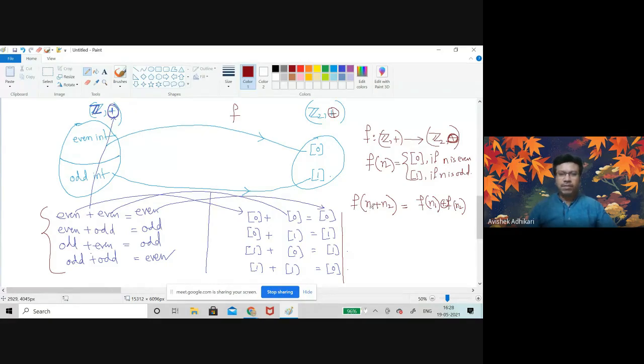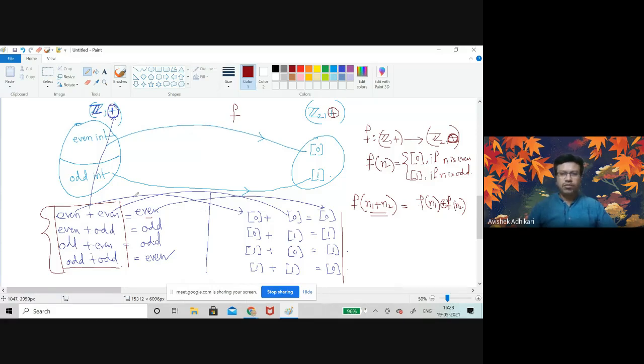See, n1 may be even or odd, but it cannot go out of these four options. So these could be all four options that n1 and n2 may take. Whatever be the case, depending on the case, it will be either even or odd. So this value will be either even or odd following some of these rules.